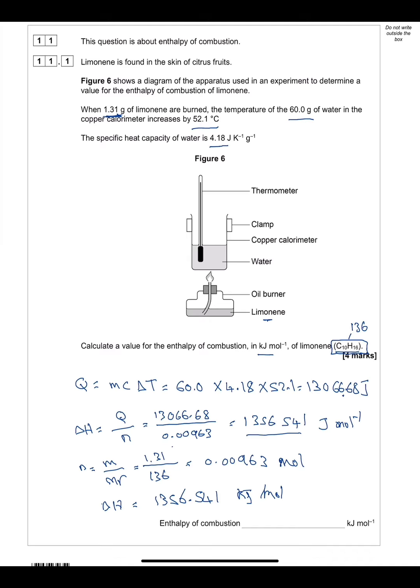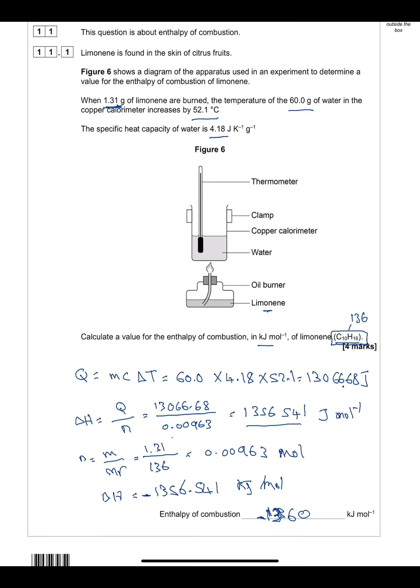And don't forget that you have to add the sign as a negative sign because this is an exothermic reaction. So the final value can be just minus 1,360 if you're going to use three significant figures.